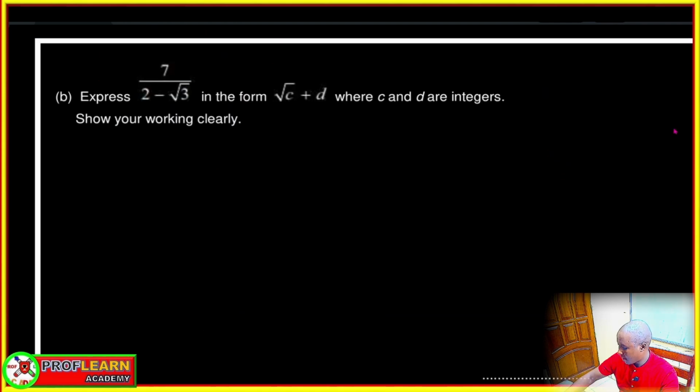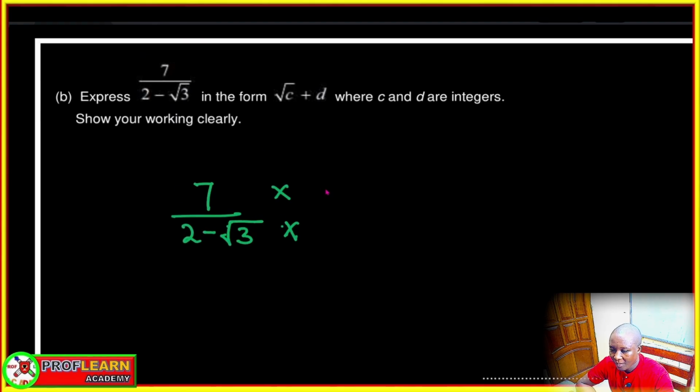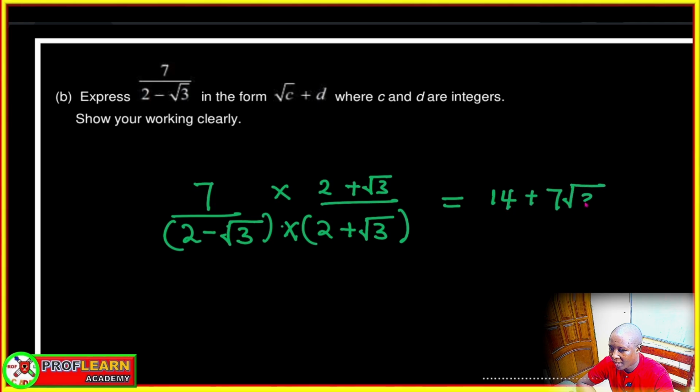Now, working out a question to do with surds. Let me check those who are happy with surds, but if you don't enjoy surds because you are sad, multiply by the conjugate, which is going to be 2 plus root 3, and expand all the terms that we have here.